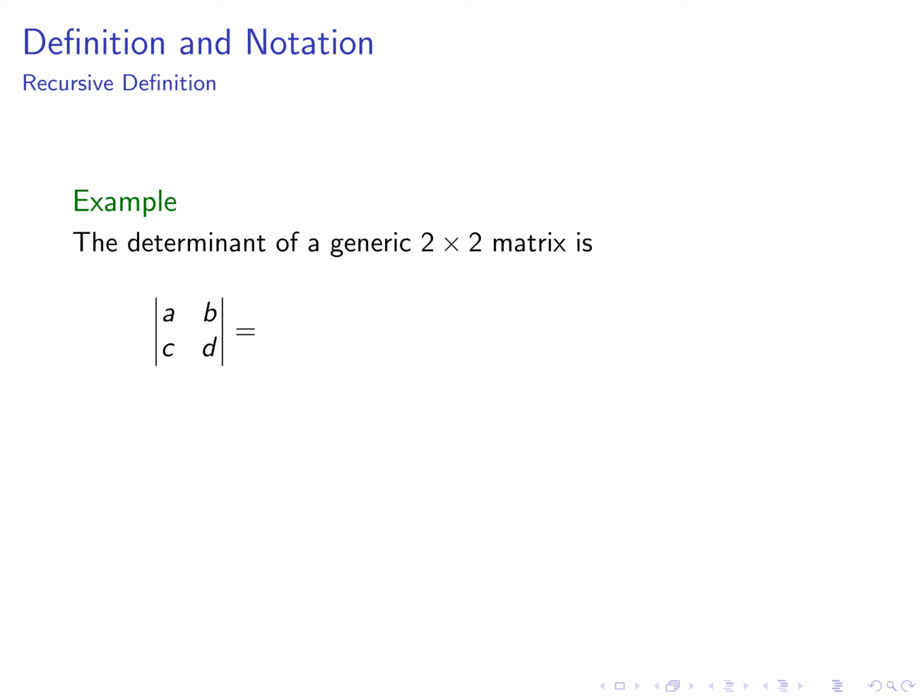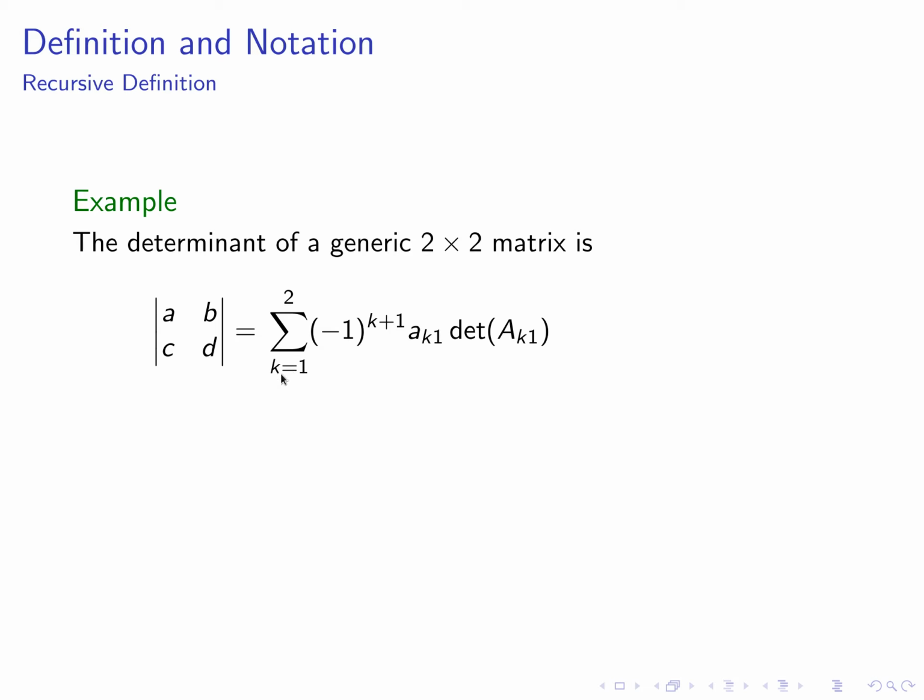Okay, so let's now use this definition to find the formula for the determinant of a generic 2x2 matrix. So here we have a general 2x2 matrix, and the entries in the columns here are the numbers A, C, B, and D. So according to our formula, the determinant of this matrix should have exactly 2 terms, and each one of these 2 terms should involve the determinant of a submatrix of this 2x2 matrix, which will be a 1x1 matrix.